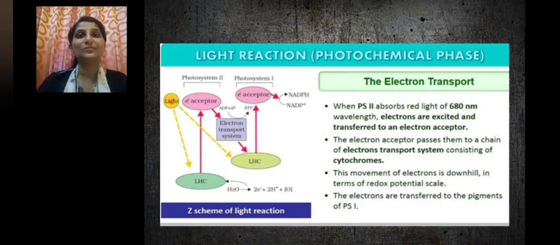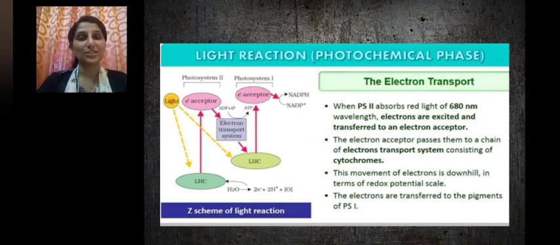So based on their ability to undergo redox reactions, they are placed one after the other in the electron transport chain. And what is the fate of the electron once it moves downhill through the electron transport system? It is transferred to photosystem 1.